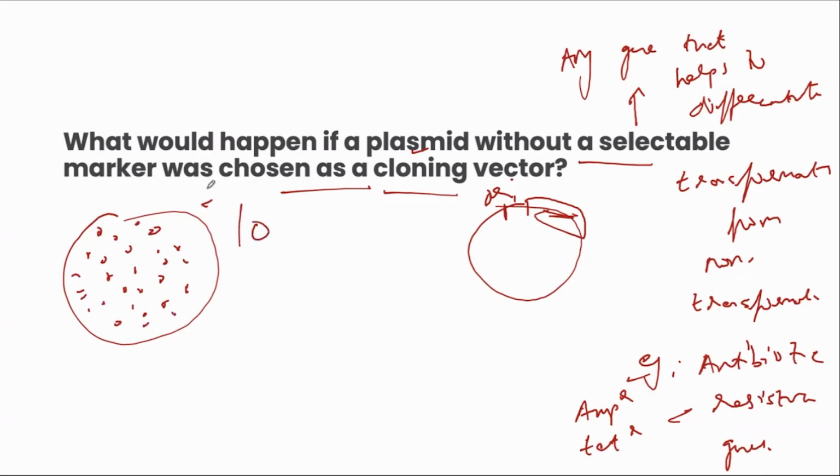For example, you have 10,000 colonies, and among them some are non-transformants that do not have your DNA, and 800 plus are positive and should have the DNA. But you have to screen each of the colonies to confirm that. So it will be very difficult without a selectable marker to select a good transformant.